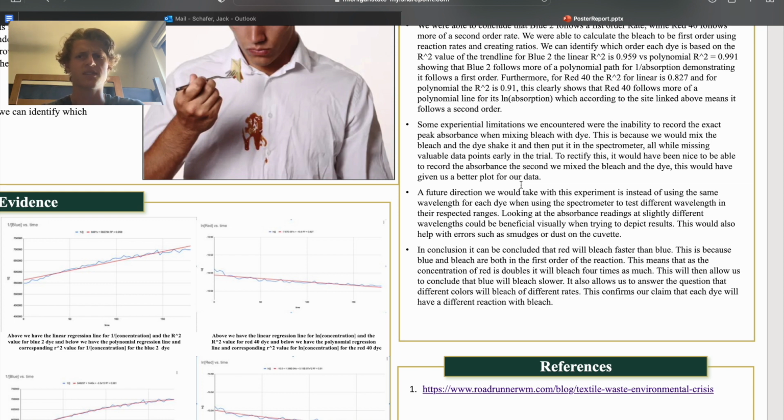So maybe if we could mix it in the spectrometer, I know the quiz said we're not supposed to do that because it's bad, we don't want to do that. But that would have helped a lot. Maybe a better spectrometer, who knows. To rectify this, it would have been nice to record the absorbance, basically the second of, with some fancy spectrometer technology.